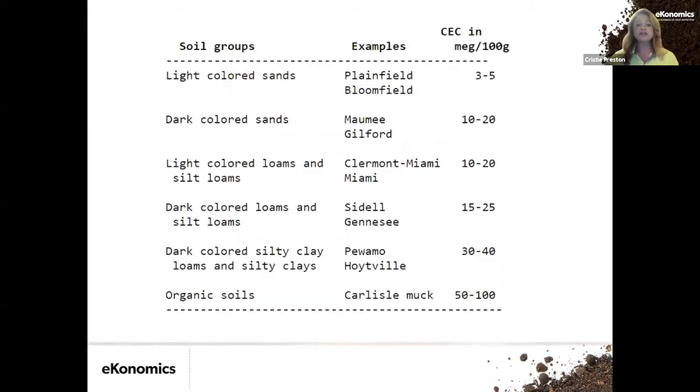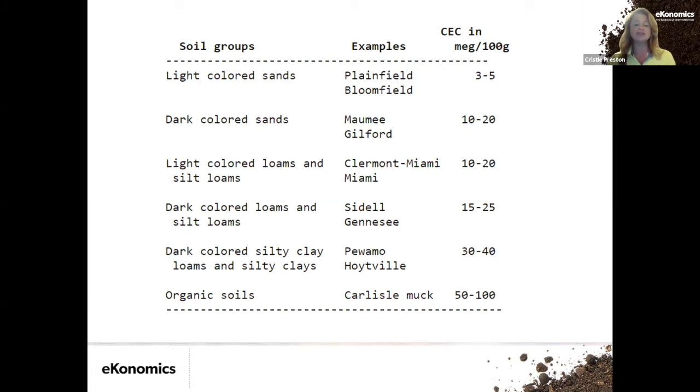So I mentioned earlier that you can estimate your cation exchange capacity based on soil texture and the color of your soil. I believe this came from Purdue with Dr. Dave Mengel, looking at the different colors of soil and how your cation exchange capacity increases as the soils get darker.